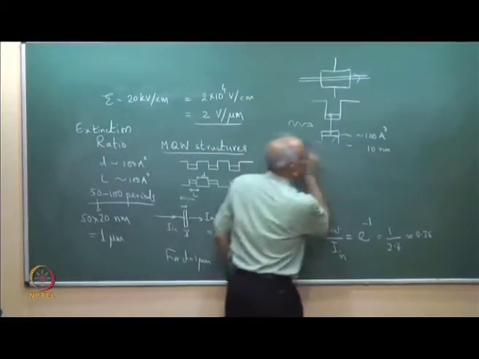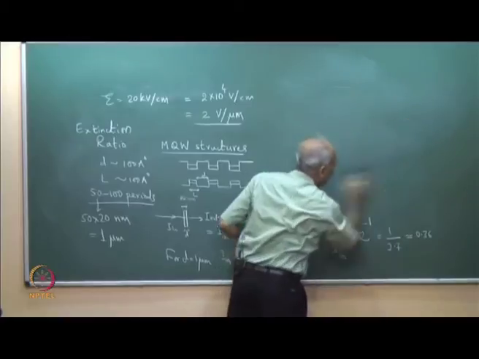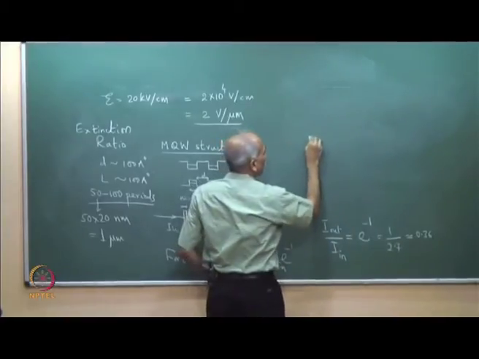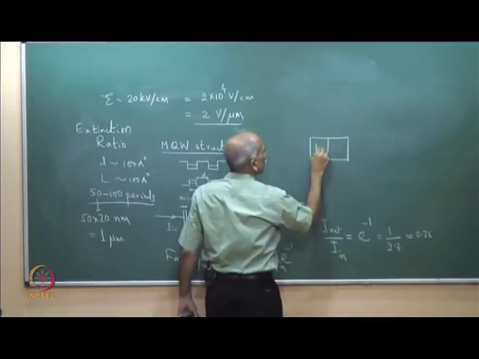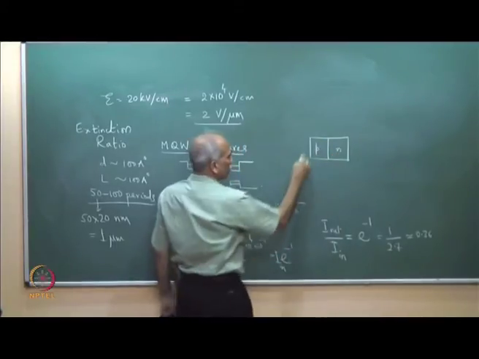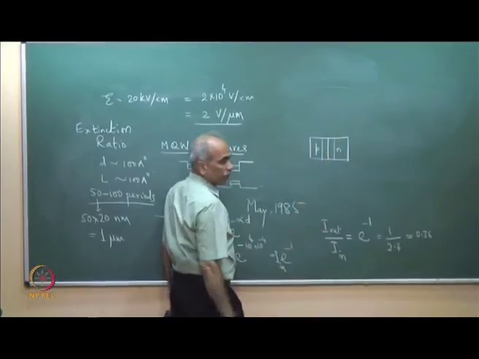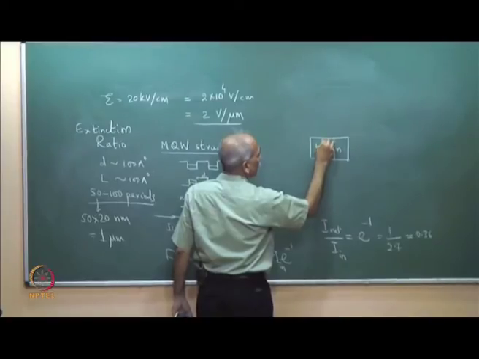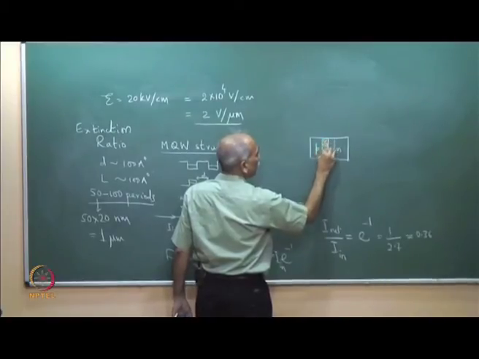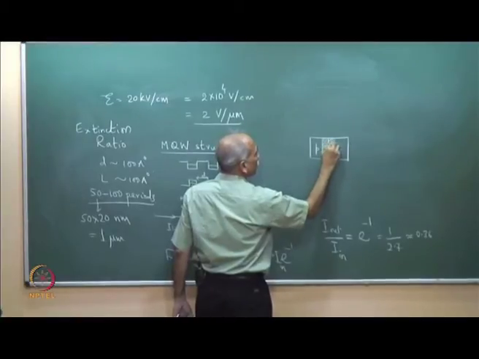In electronics, we know a simpler idea. If you take a p-n junction, we have already discussed this, there is a depletion region here, and from the p side holes move to the other side, leaving behind negatively charged immobile ions and positively charged ones.